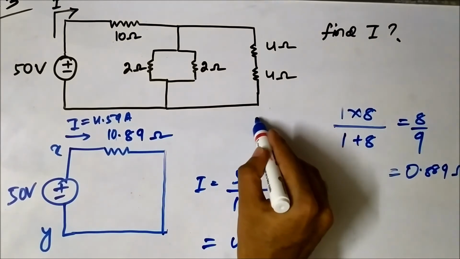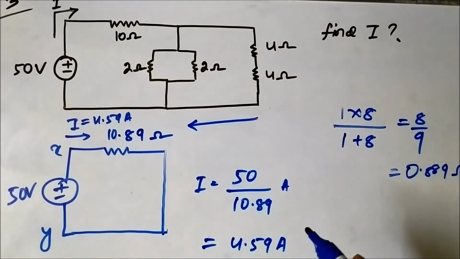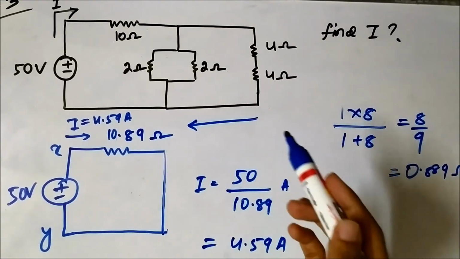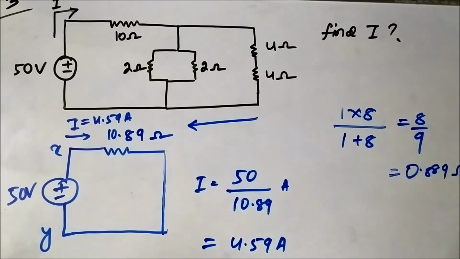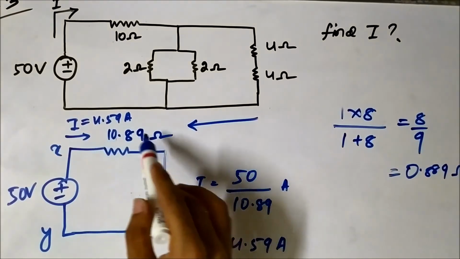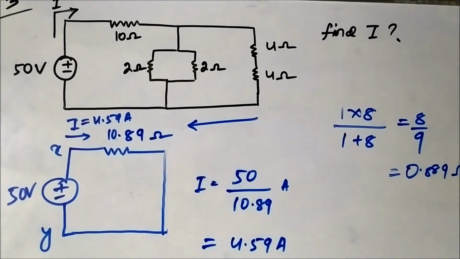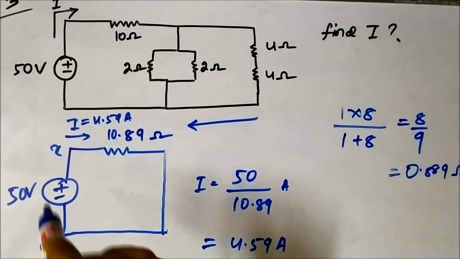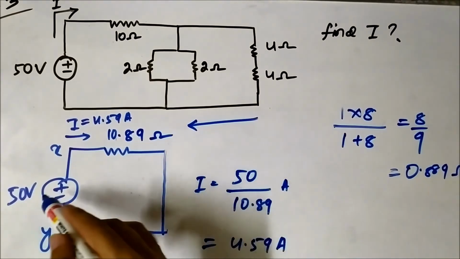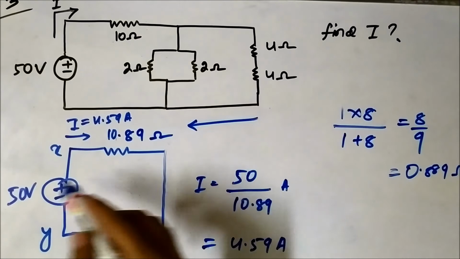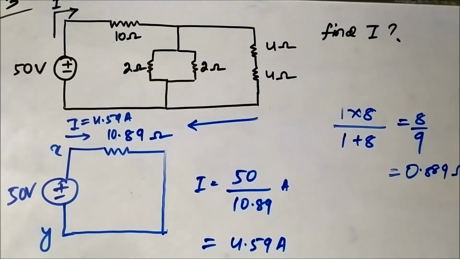We approach the circuit from right to left, and we kept on calculating the equivalent resistance of the various combinations of resistors which we encountered, and finally we simplified the circuit into one resistance, which is the equivalent resistance of the total circuit, which we calculated as 10.89 ohm. Now for calculation of current, we simply found out the ratio between the voltage and the resistance. So we calculated the current as 4.59 ampere.